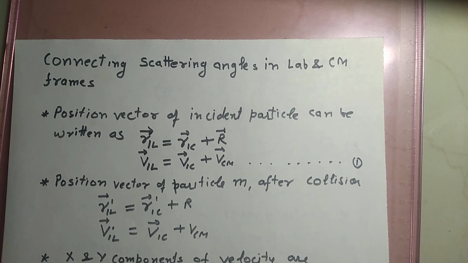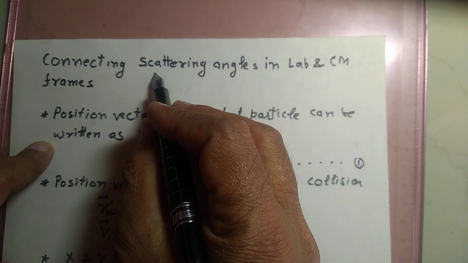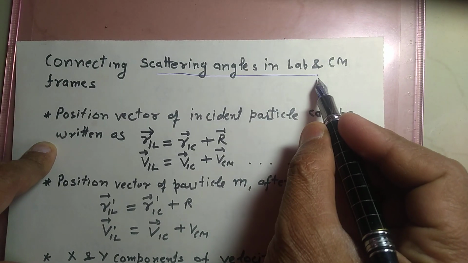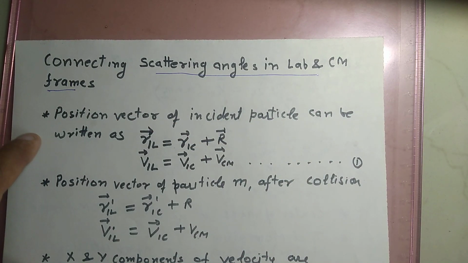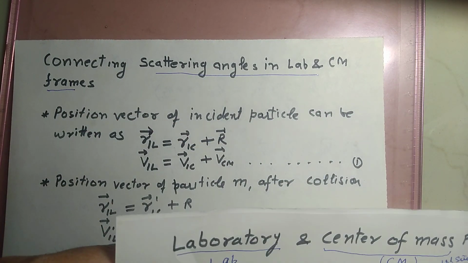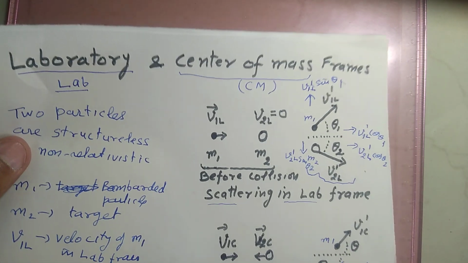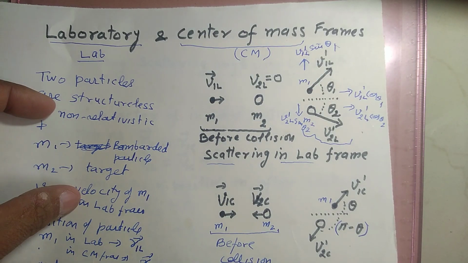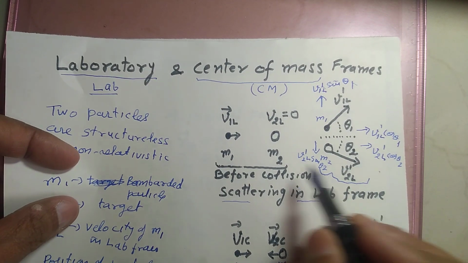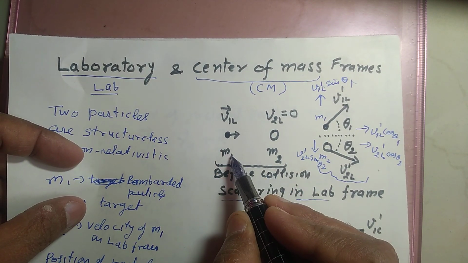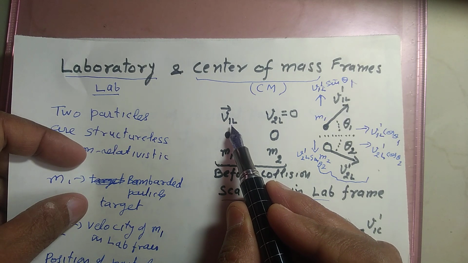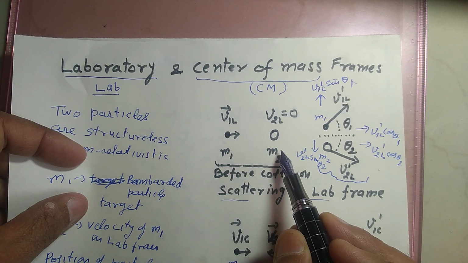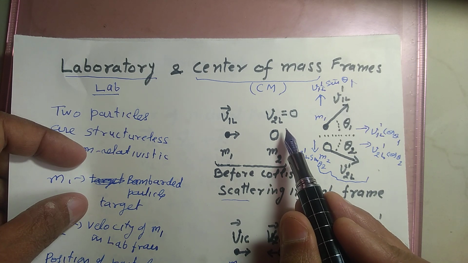In this video, we will discuss how the scattering angles are connected in the lab and center of mass frames. As we discussed earlier in the lab frame, the incident particle m1 moves with velocity v1l, and particle m2 is at rest.